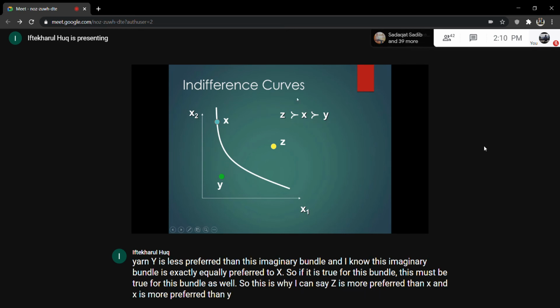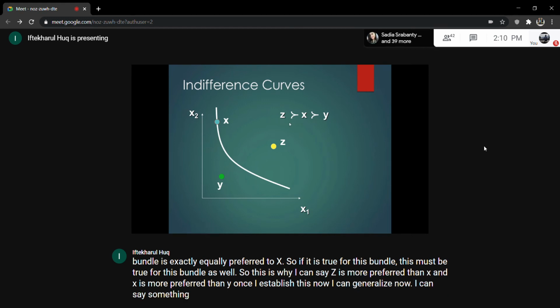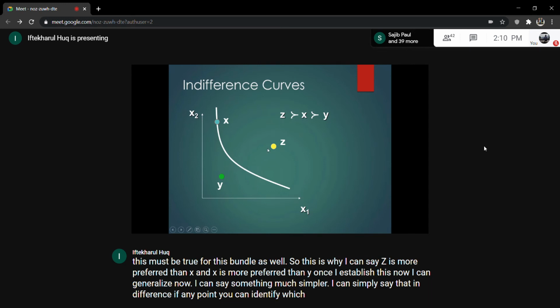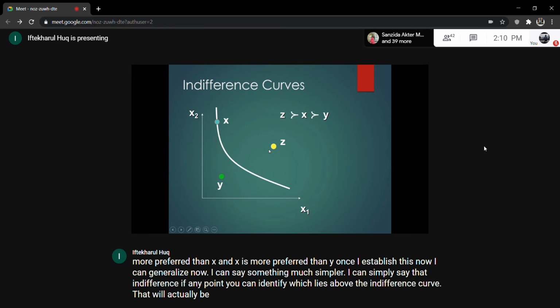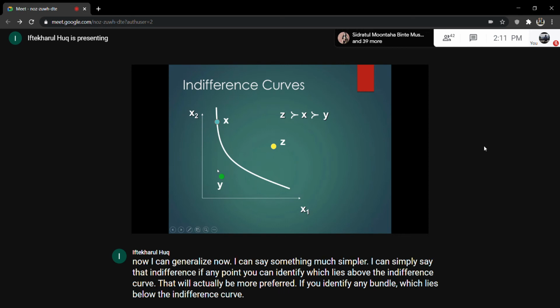Once I establish this, now I can generalize. Now I can say something much simpler. If you identify any point which lies above the indifference curve, that will be more preferred. If you identify any bundle which lies below the indifference curve, that should be less preferred.